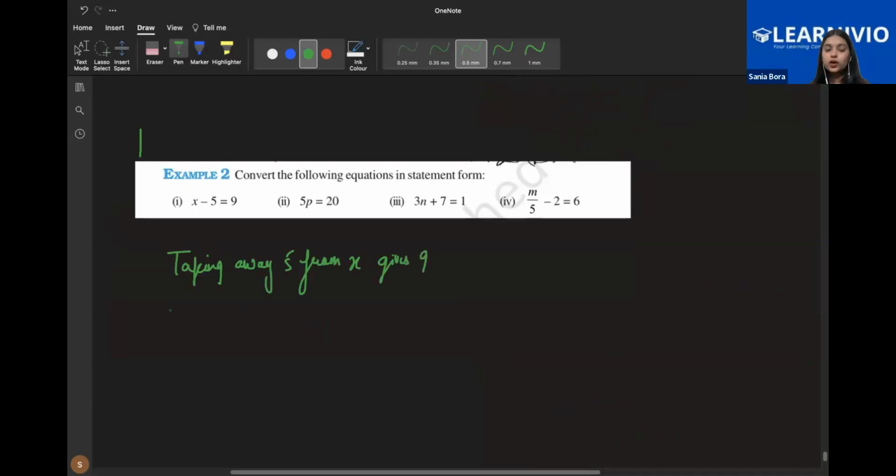Or instead of this you can even write subtracting 5 from any number x gives 9. Anything you can write, nothing is wrong.